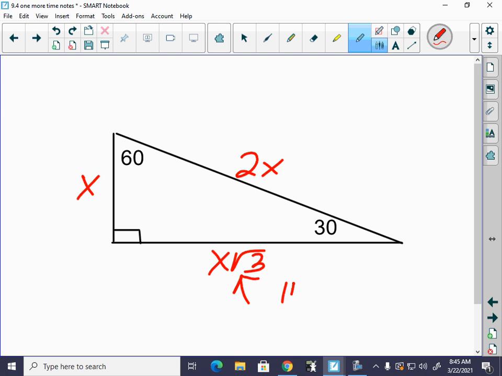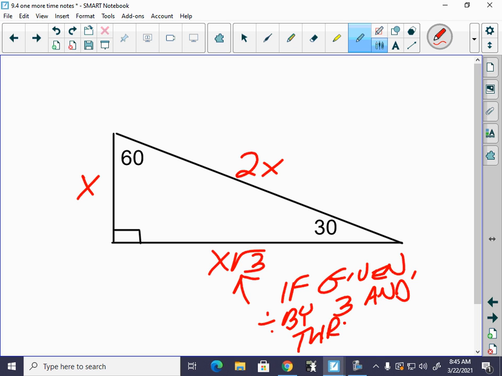If given, divide by 3 and throw on the square root of 3 to get x. Hey, that's almost like the other one.